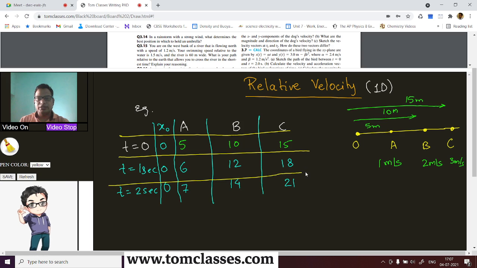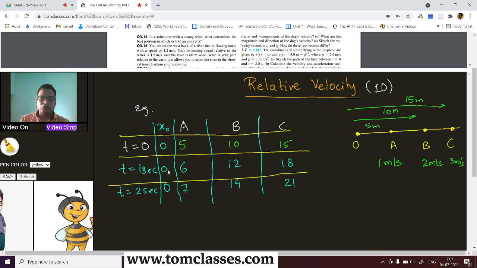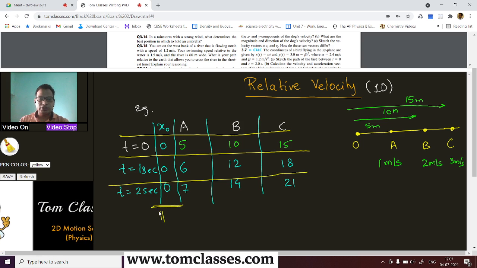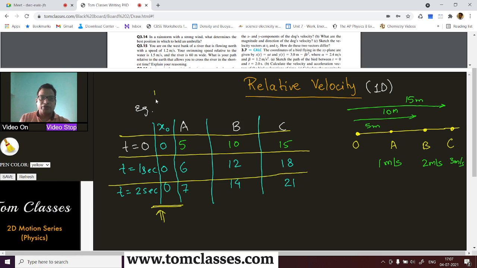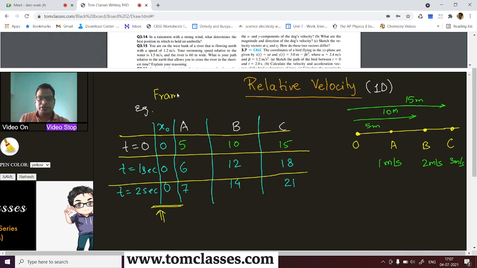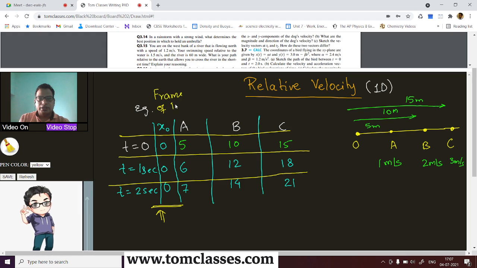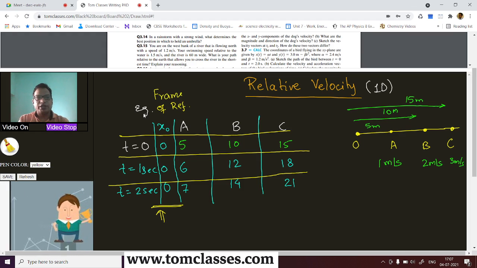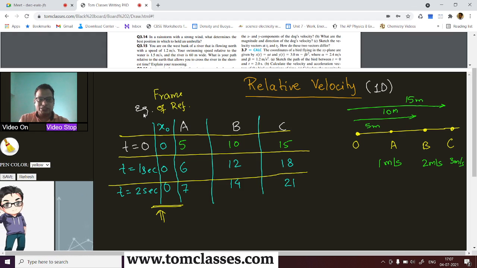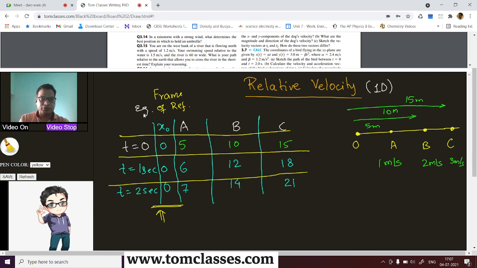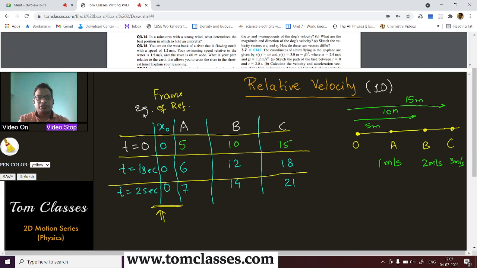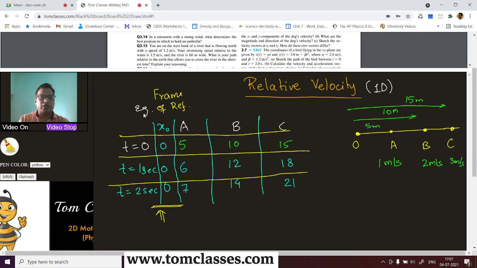Now let's see over here. You see that this position is not changing, right? So this is a frame of reference. A frame of reference is the point from where I am observing. And what is the situation of that particular frame? The situation is that its x_O coordinate is not going to change.